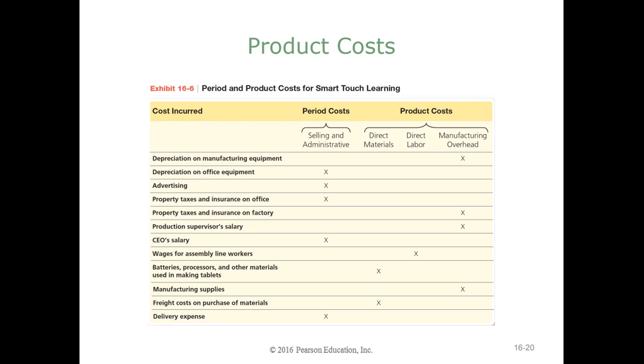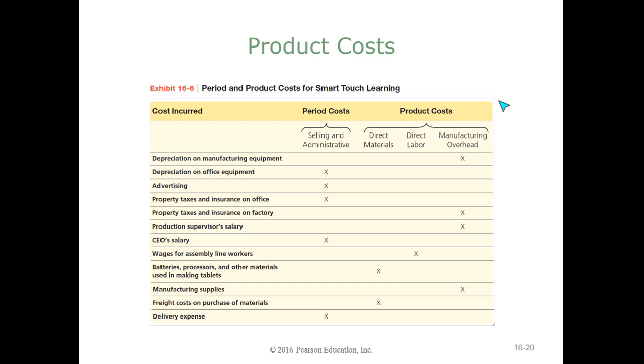Right here we're looking at product cost, and this is on page 838. We have the cost that was incurred, and then we are identifying if this cost is a period cost or a product cost. This is a good slide to refer back to. For example, when we look at depreciation on manufacturing equipment, is this a selling and administrative cost?